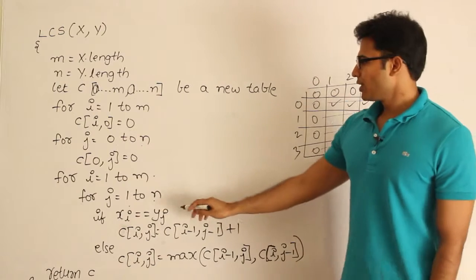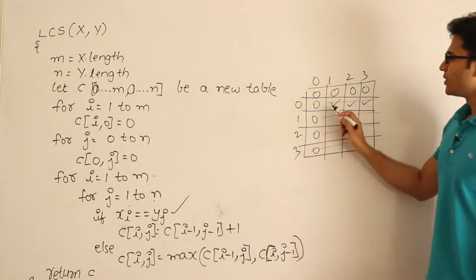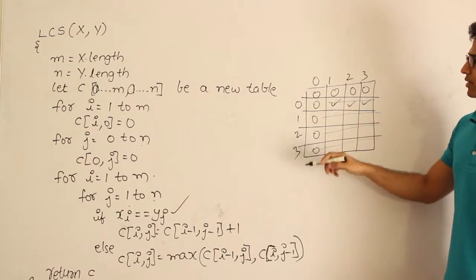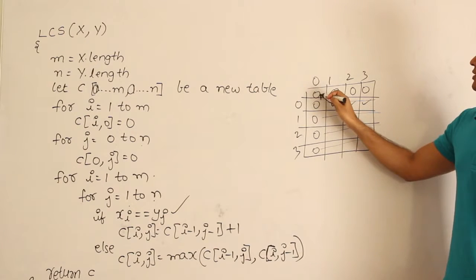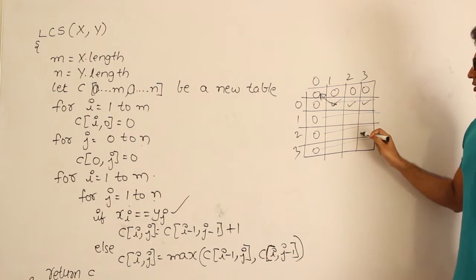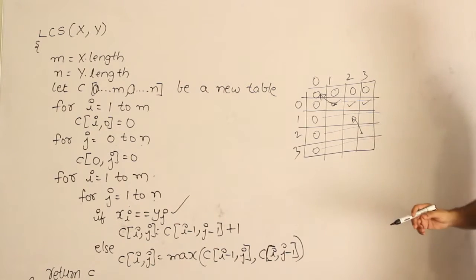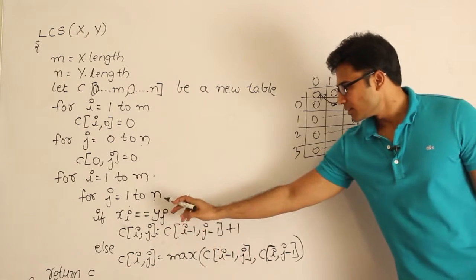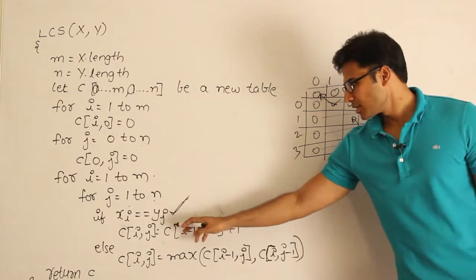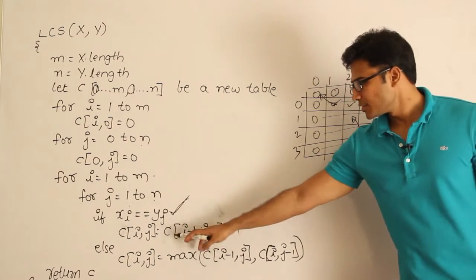And look at the code. If there is a match at any point, then 1 plus the diagonal value. If there is a match at some point, 1 plus the diagonal value, that is what they are doing. Else means if there is no match.